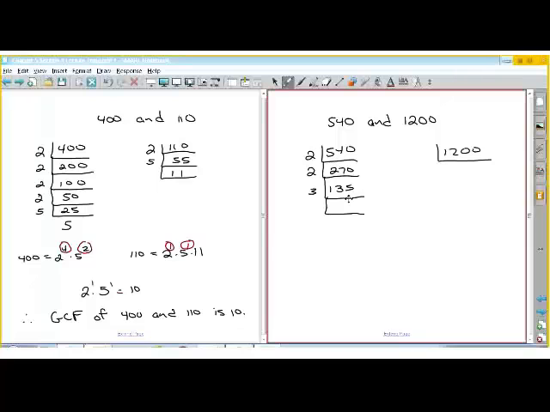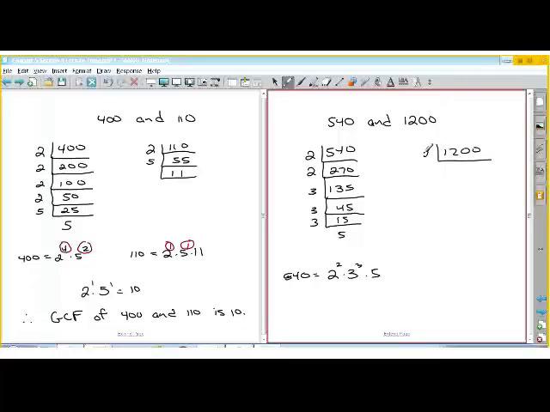Okay, so 135 divided by 3 is 45. And that's also divisible by 3. And that's 15. And that's also divisible by 3, which is 5. So my prime factorization for 540 is 2 to the second power times 3 to the third power times 5.